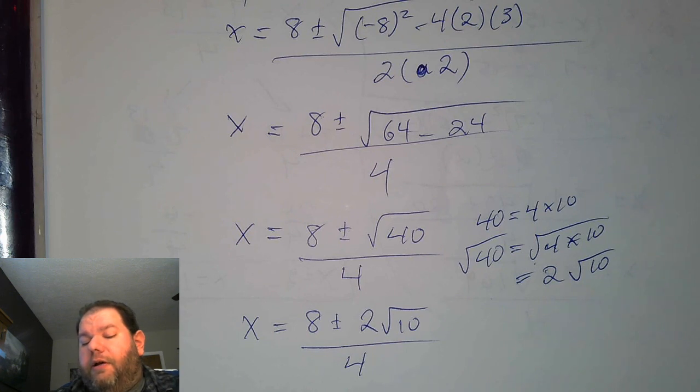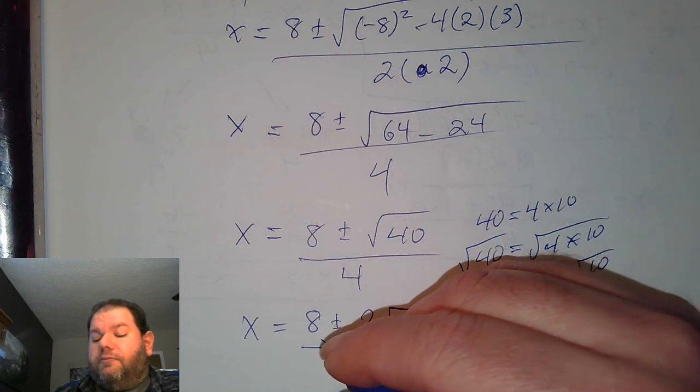And from this point, there's really 2 ways we can go from here. Generally, what we do is we go ahead and just divide both parts in the numerator by the 4 on the denominator. Okay.